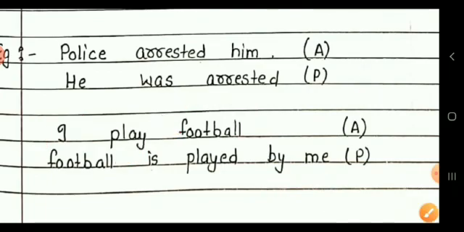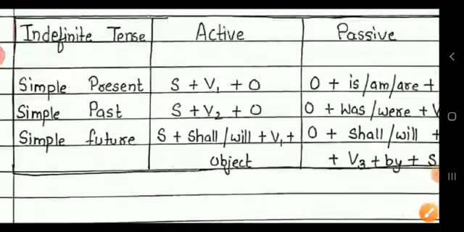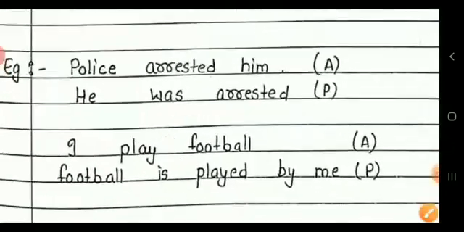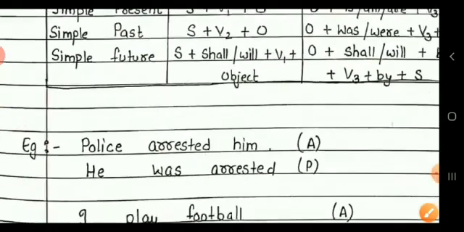I will convert into me. So football, helping verb, as it is singular, I have written above. Yes, so football is played by me.